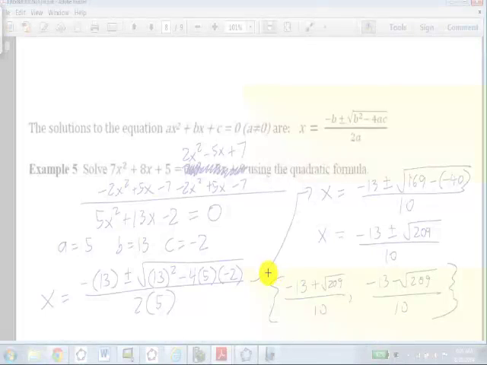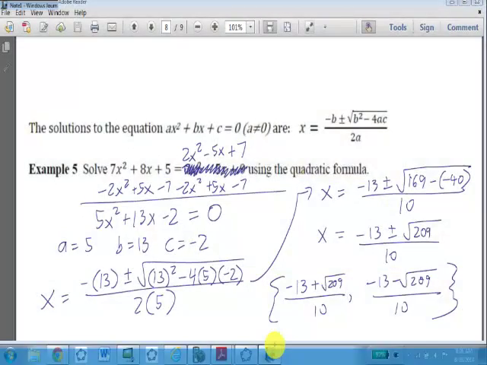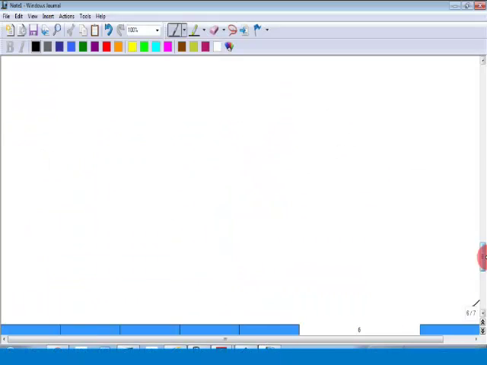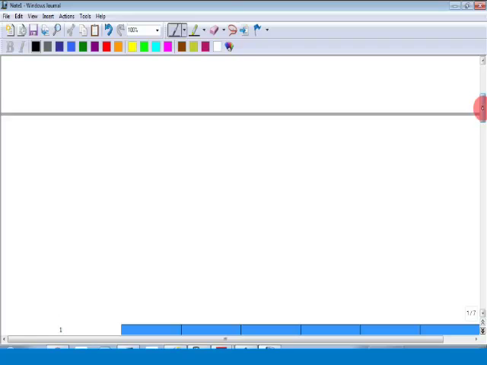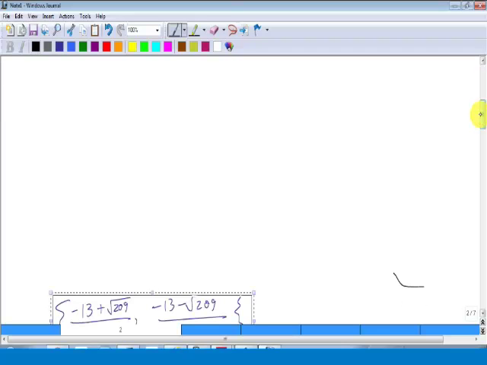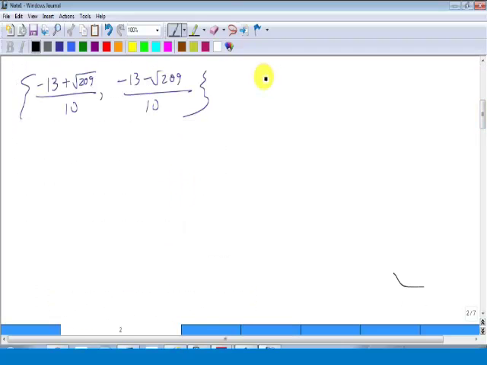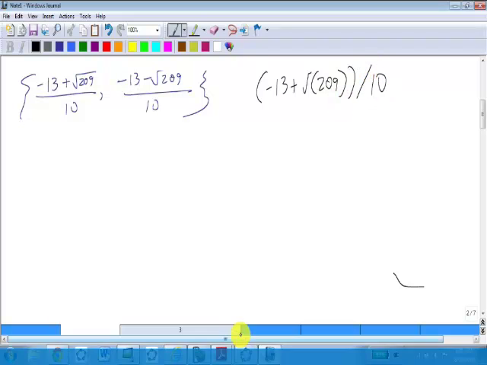On the TI-83 Plus it would look like: open parenthesis, negative 13 plus the square root of 209, close the parentheses for the square root, close the parentheses for the numerator, and then divided by 10.